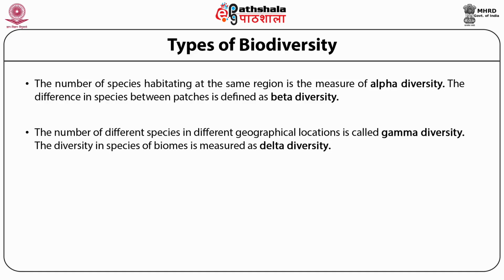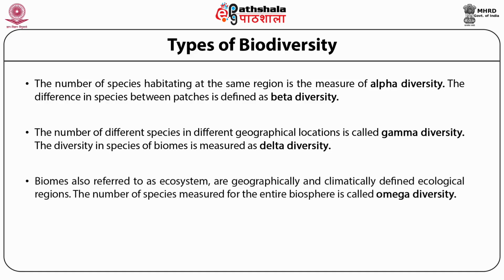The diversity in species of biomes is measured as delta diversity. Biomes, also referred to as ecosystems, are geographically and climatically defined ecological regions. The number of species measured for the entire biosphere is called omega diversity.